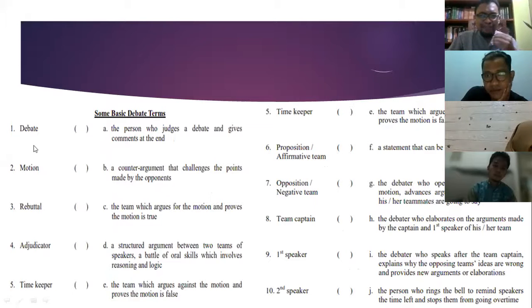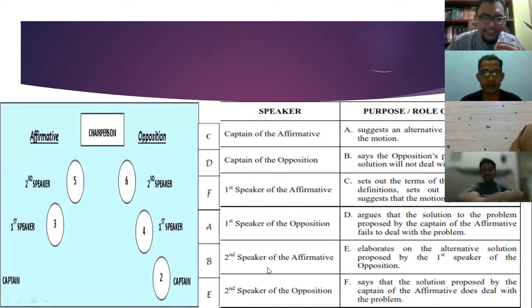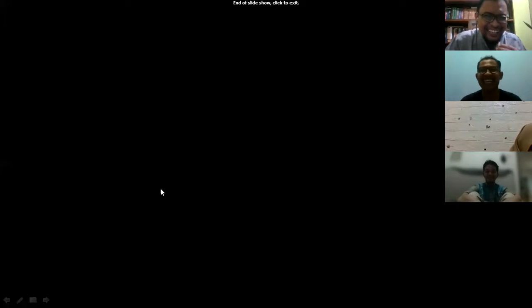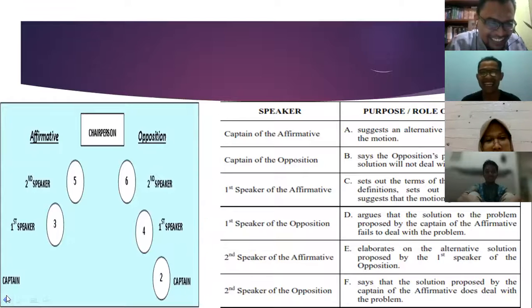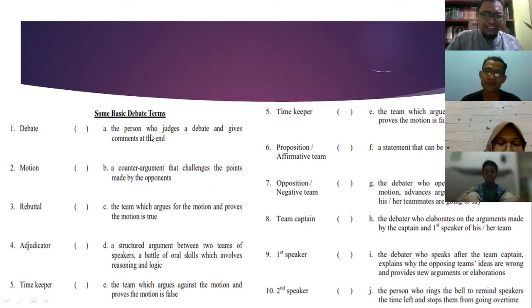Okay, so there are 10 basic terms related to debating. You can see the numbers over here, number 1, 2, 3, 4, 5, 6, 7, 8, 9, 10.